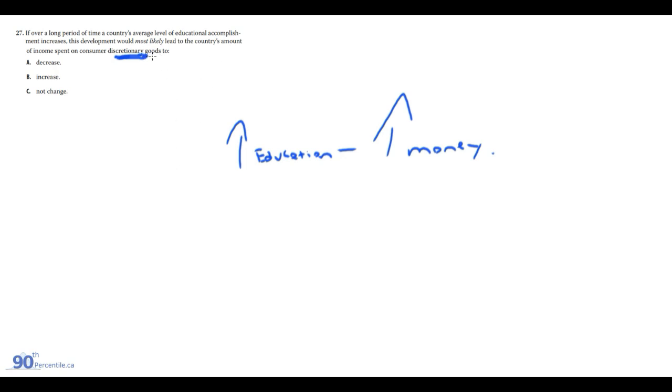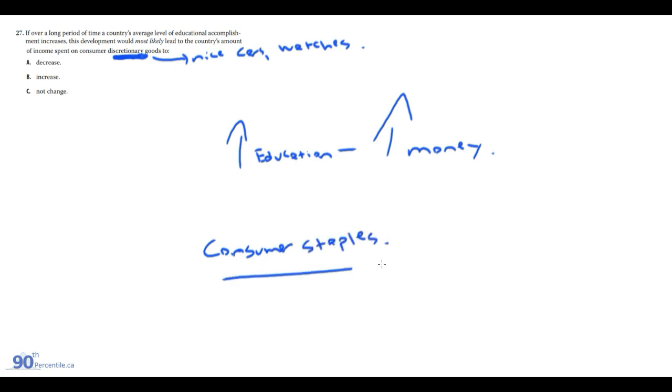These might be luxury goods such as nice cars, watches, stuff that you don't really need on a day-to-day basis, versus consumer staples. This industry classification is your grocery and your everyday necessities like your toiletries. So yeah, education goes up, money goes up, spend on consumer discretionary goes up.